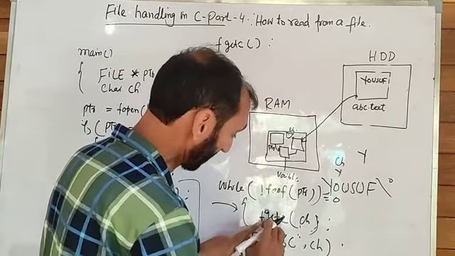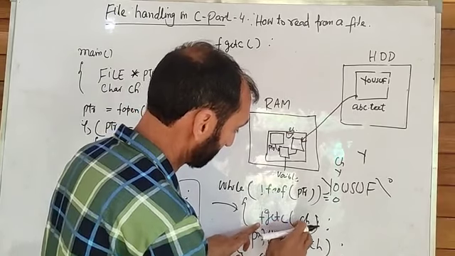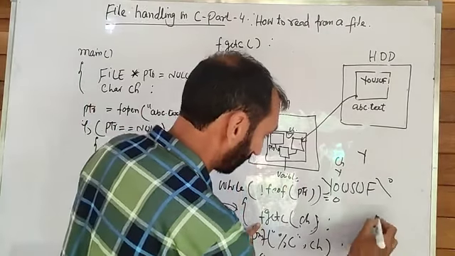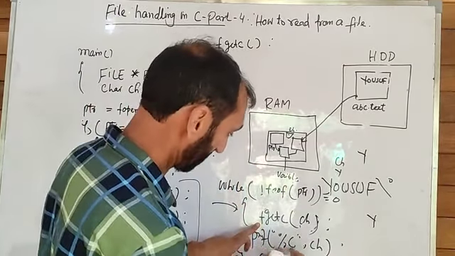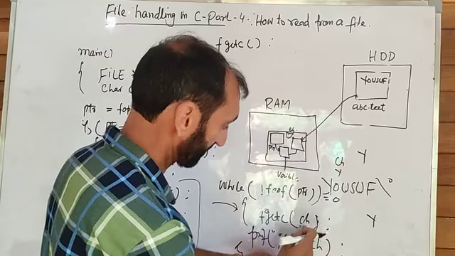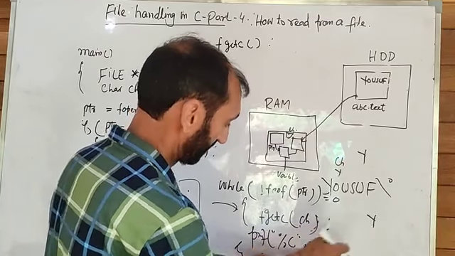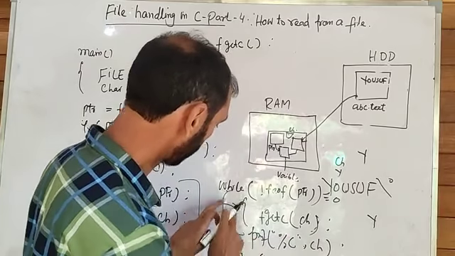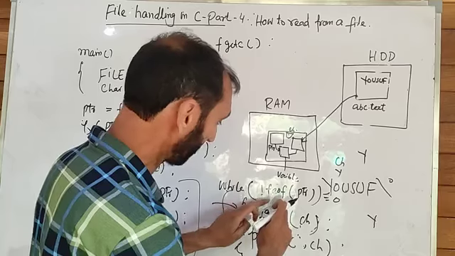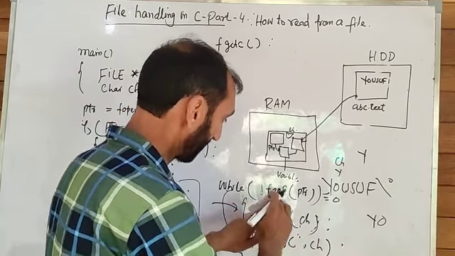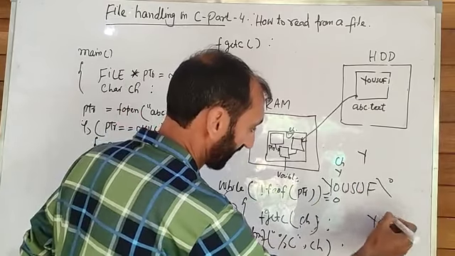So it will enter here: fgetc gets the first character, y, and printf prints ch, y. After that, it will go back to the while not end of file check. The file is not yet at end of file, so it will print o, and similarly then u, then s.